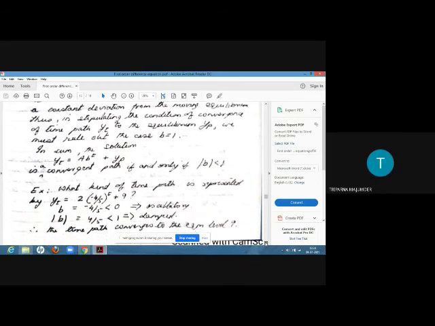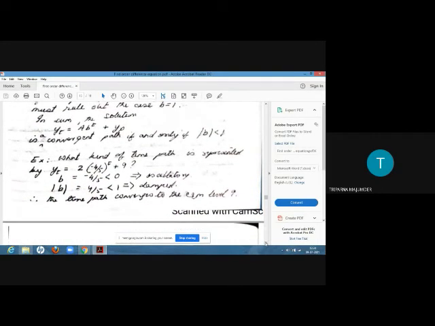Let us take one or two examples. That is, what kind of time path is represented by yt equal to 2 into minus 4 by 5 to the power t plus 9? b is equal to minus 4 by 5, which is less than 0.